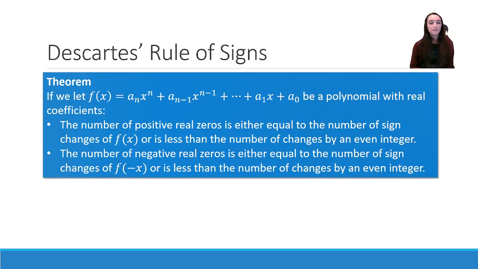Alright, so our last theorem that we're going to look at is Descartes' rule of signs. This one is a little bit weird too.